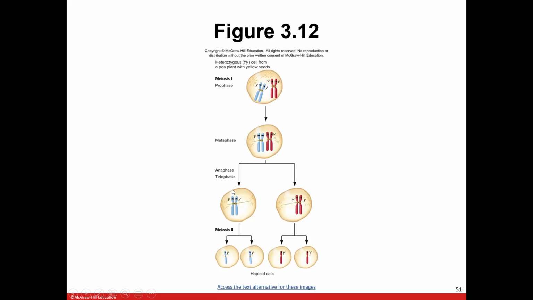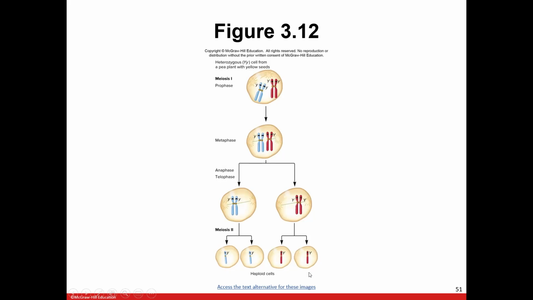Anaphase, they get pulled apart. Telophase, their nuclei reconfigure to get their membranes back in place. Then it dissolves down again. We go through meiosis 2 that repeats everything: prophase, metaphase to line up right here, and then it gets pulled apart again to give us 4 haploid cells.